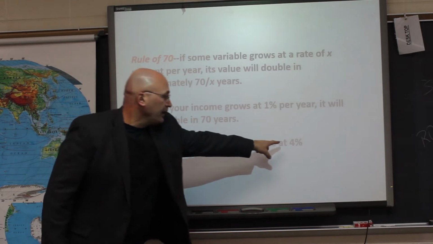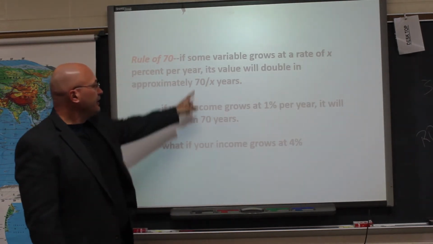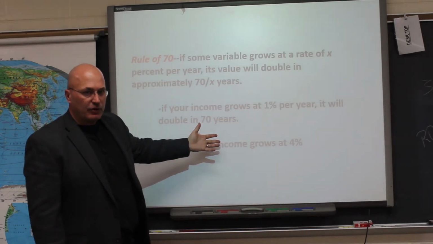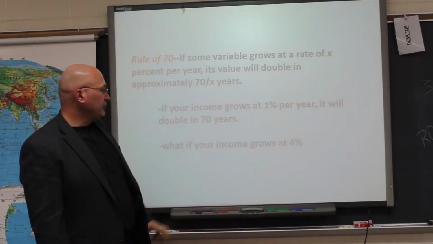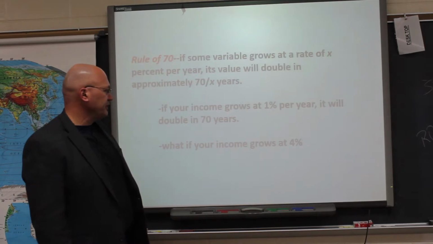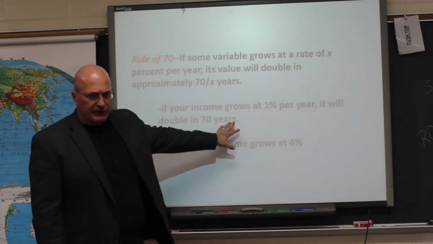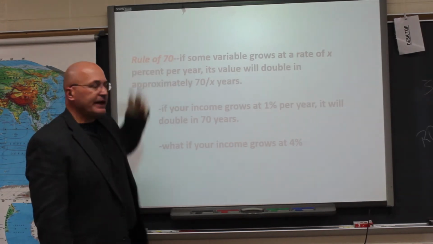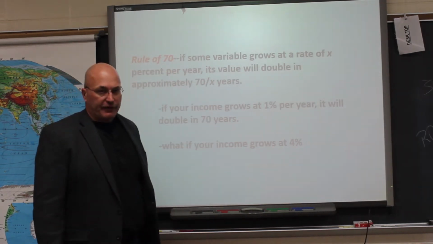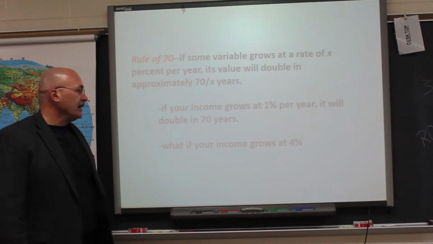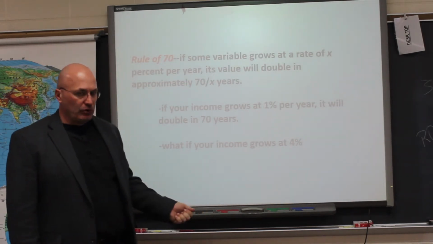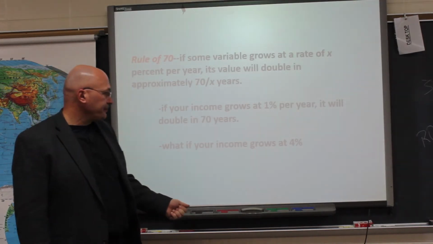What if it grows at 4%? 70 divided by 4. That'll tell me how long it takes to double. So, what, 17 approximately? I don't know off the top of my head, but you get the idea. Okay? That's the rule of 70. All I got to do, 70 over X. What's the percentage rate? That tells me how long it will take to double what I've got.